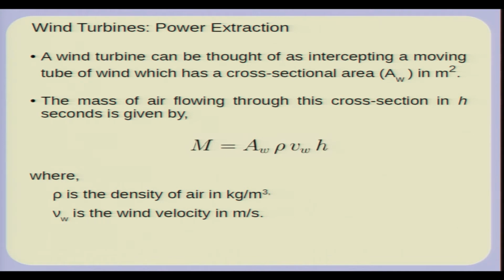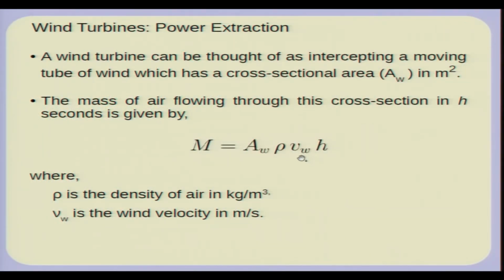So, the wind turbine can be thought of as intercepting a tube of wind which is flowing through this area AW. Of course, the mass of air flowing through this cross section in h seconds is given by AW into rho into the speed of the wind into h, where h is in seconds, rho is the density of air in kilogram per meter cube, and the speed of the wind is Vw.